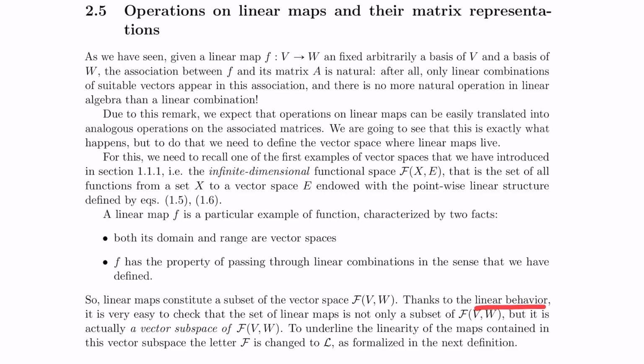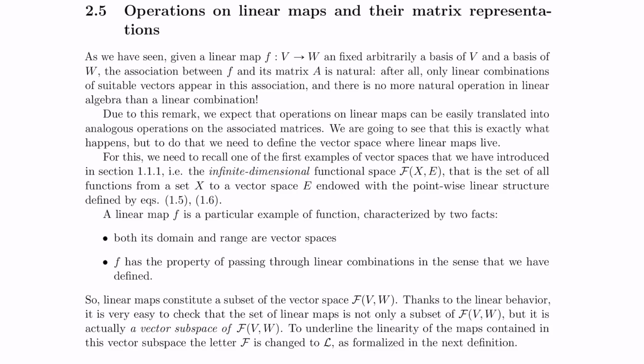Moreover, thanks to their linear behavior, it's easy to see that the set of linear maps between two vector spaces V and W is not only a subset of F of V and W, but it is indeed a vector subspace of this functional space. And to underline the importance of the linearity of these maps, we substitute F with the symbol L.